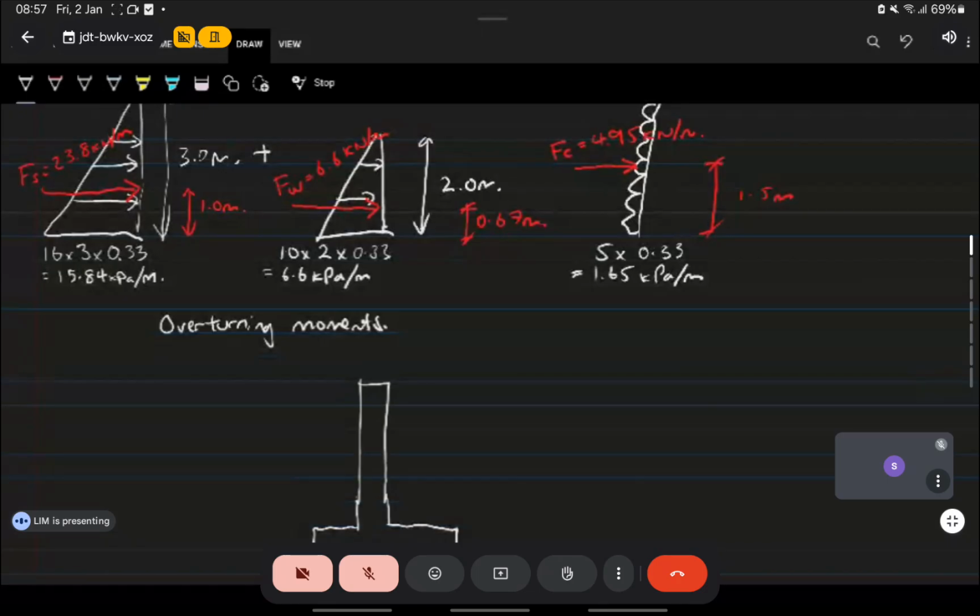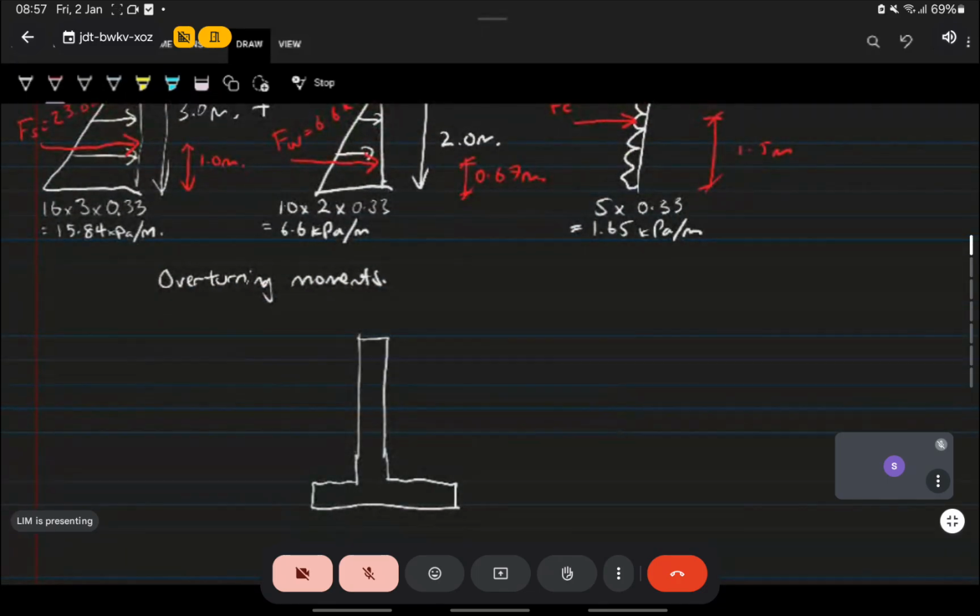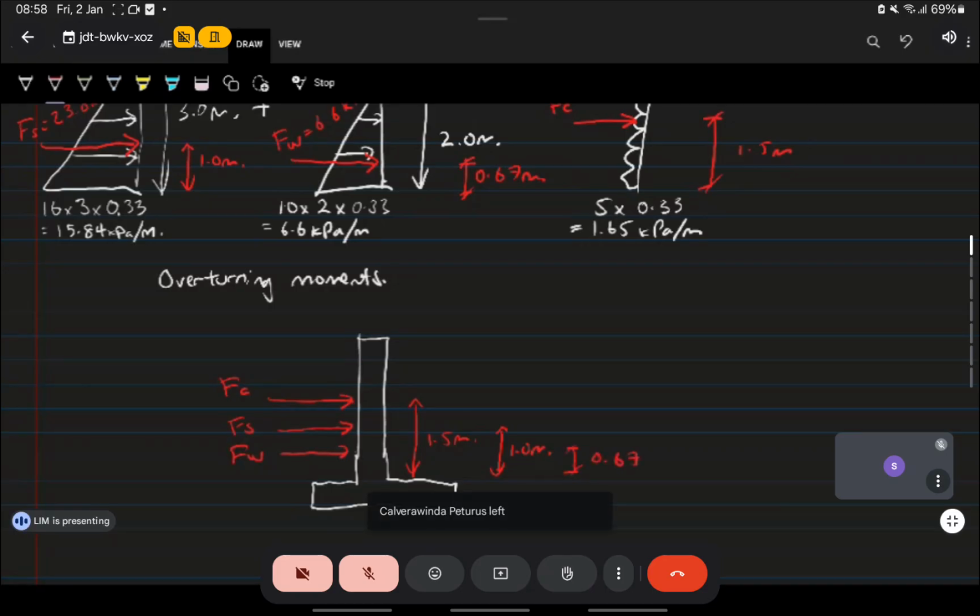Basically you have a force here at mid-height, that is your surcharge, FC. And then you have your Fs, 1 meter down. And then you have your FW, your water, which is 0.67.